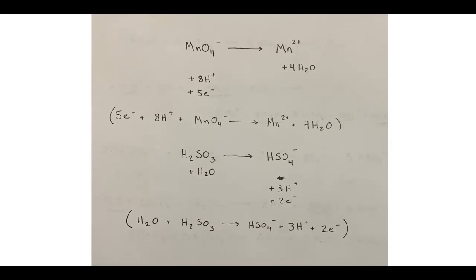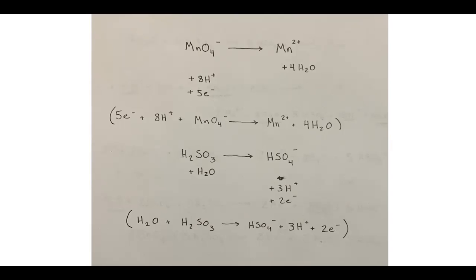Okay, the next step is to balance hydrogen. So we have a total of 4 on the reactant side now, 2 from H2SO3 and another 2 from water. And we only have 1 on the product side, meaning we have to add 3 H+ to the product side for hydrogens to balance. Okay, when we look at the charges, on the reactant side all of the compounds are neutral, so there's 0 charge. When we look at the product side, we have a charge of +2, right?